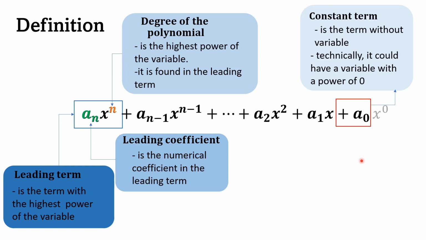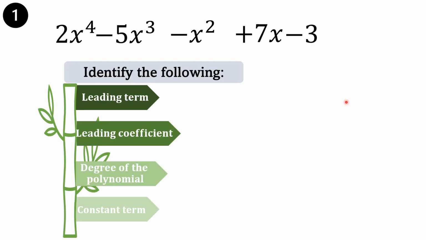Alright, so let's have an example. Number 1: 2x raised to 4 minus 5x cubed minus x squared plus 7x minus 3. The polynomial is arranged in descending powers of its variable, so it is in standard form. Let us identify the following.